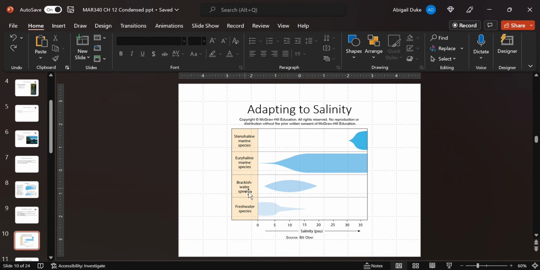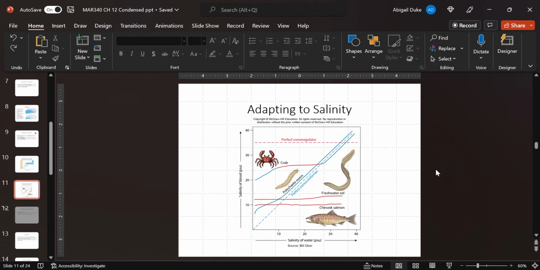Brackish water species can take somewhere between 2-ish, 3-ish to about 20. Freshwater species are mostly at 0, kind of stemming out to 15. But yeah, it's just showing how much salinity they can take.